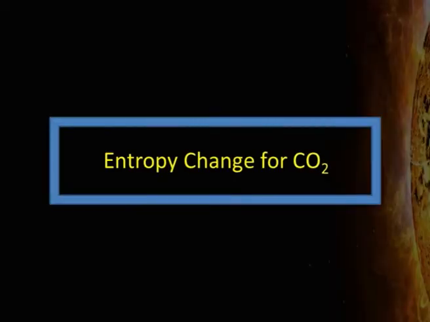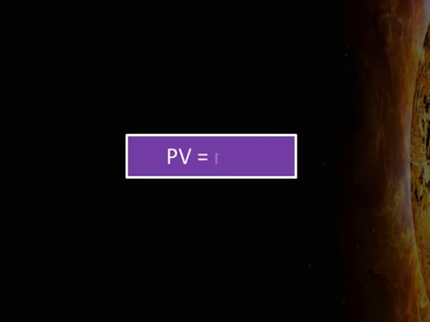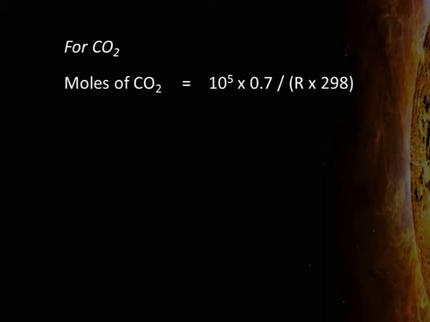First, we will calculate the entropy change for carbon dioxide. For that, we need the number of moles of carbon dioxide. As you know that PV is equal to nRT, we can say that n will be equal to PV divided by RT, and putting the values of P, V and RT, we will have number of moles of carbon dioxide equal to 10^5 multiplied by 0.7 divided by R multiplied by 298.